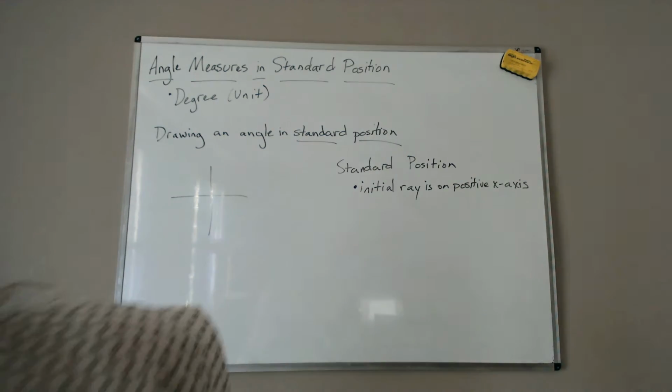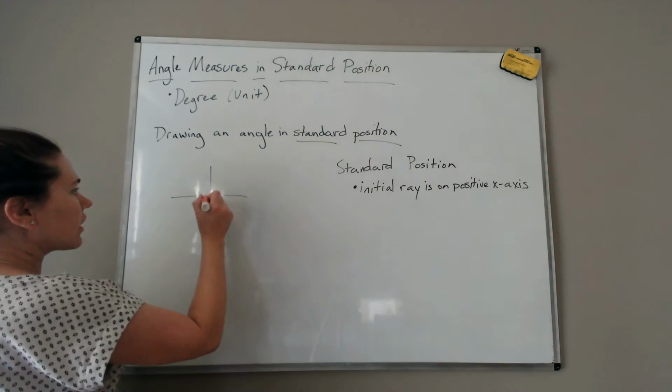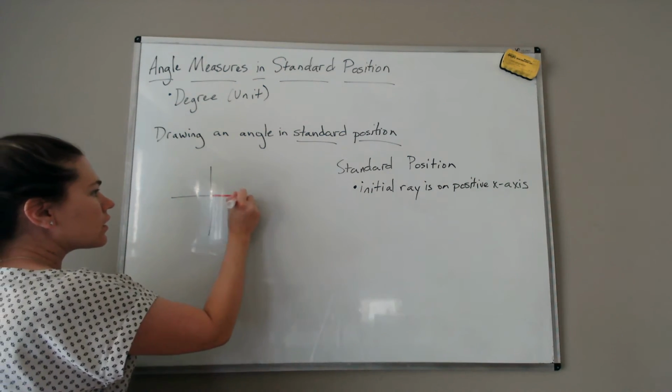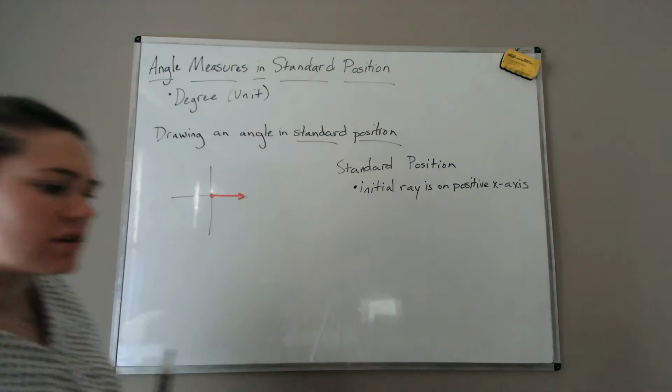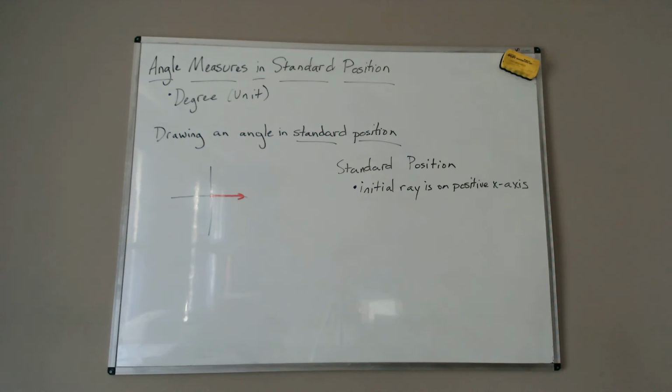What that means is you start the angle here. This is going to be the vertex of the angle. The origin will always be the vertex of the angle.